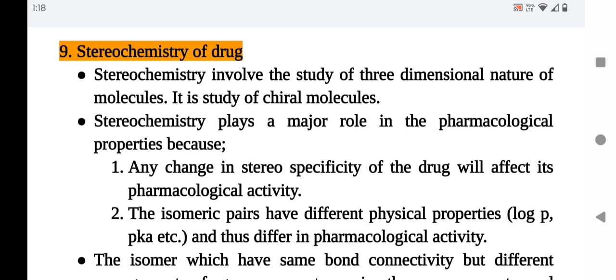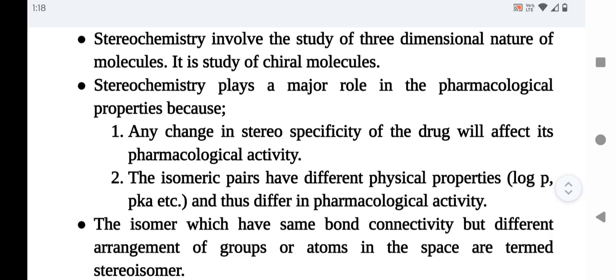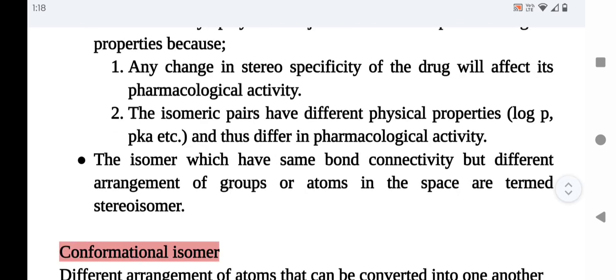Stereochemistry plays a major role in the pharmacological properties because first, any change in stereospecificity of the drug will affect its pharmacological activity. Second, the isomeric pairs have different physical properties, log P, pKa, and thus differ in pharmacological activity.